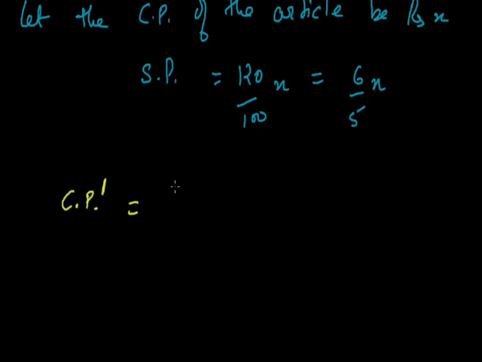If we have to decrease 20%, we will decrease 20 from 100, so we get 80 upon 100 of the initial cost price. If we simplify it, we get 4 upon 5 x. So the new cost price will be 4 upon 5 x.